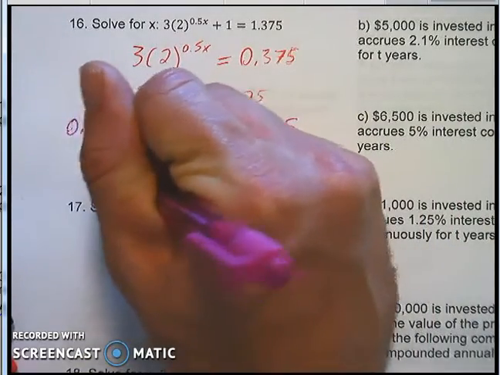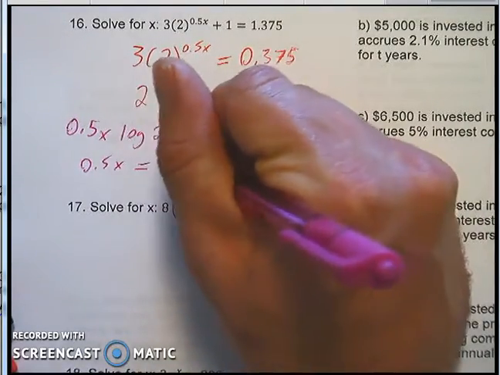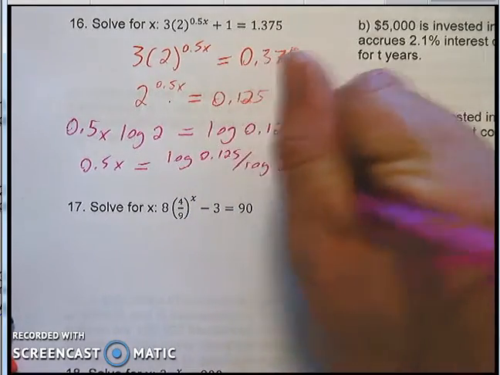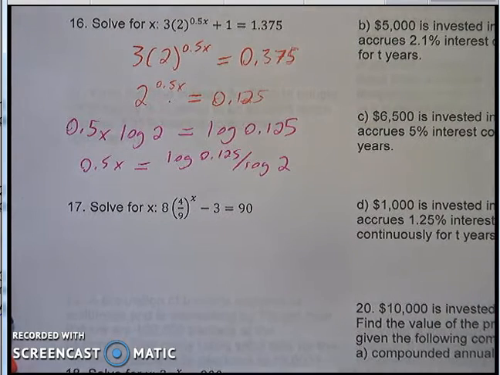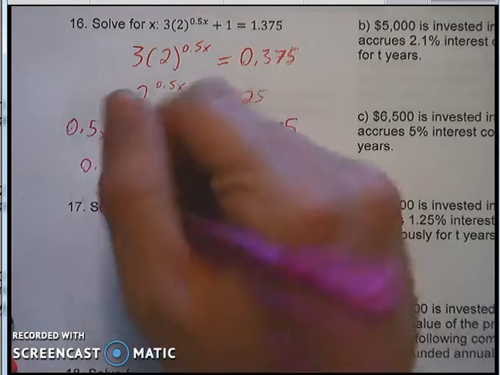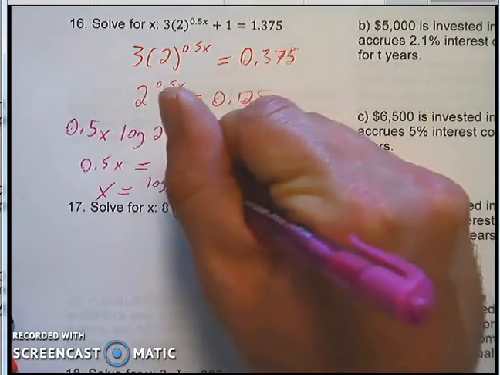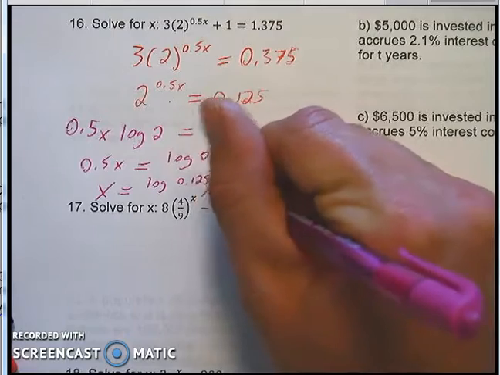We're going to have 0.5x equals log 0.125 divided by log 2. And then we're going to need to take all of that, whatever this ends up being in the calculator, and divide that by 0.5 or multiply by 2. It's the same thing. So x is the log of 0.125 divided by log of 2.